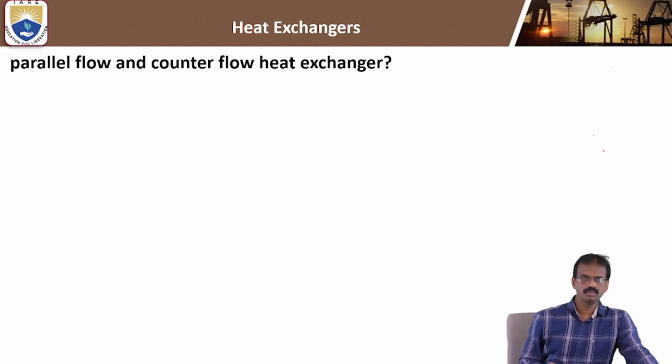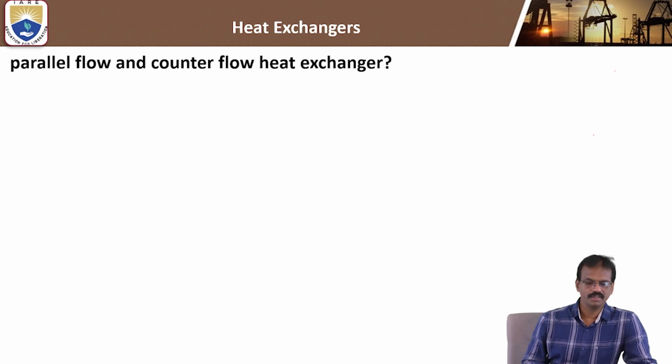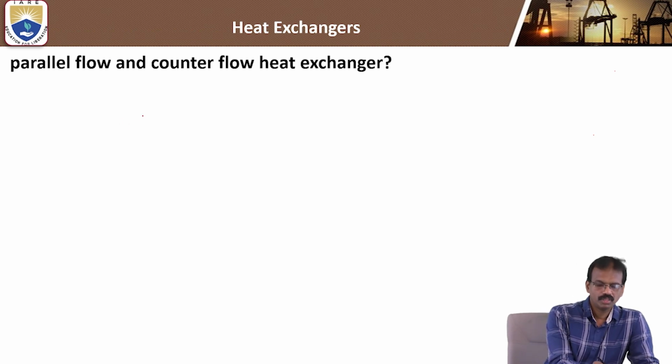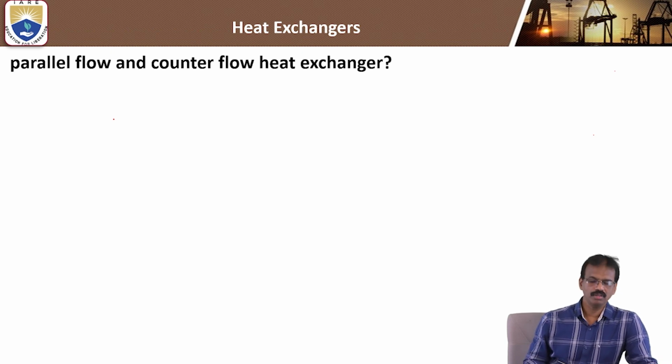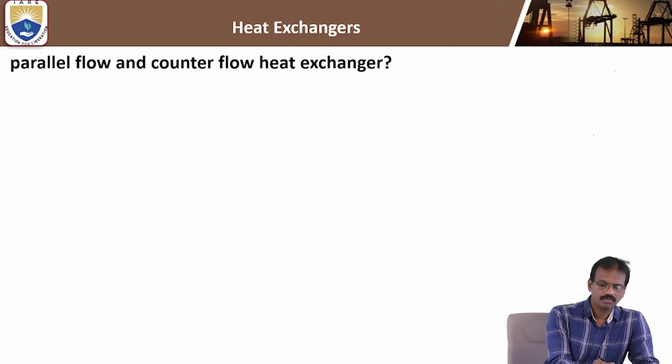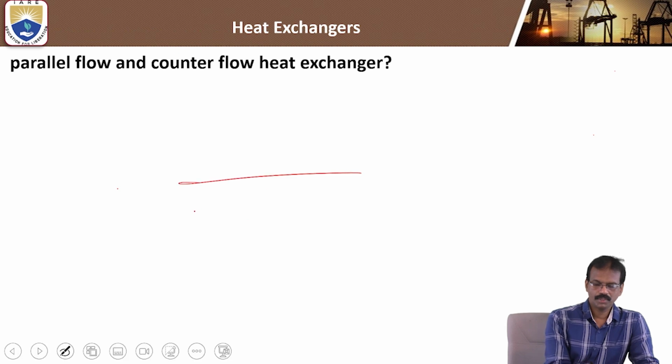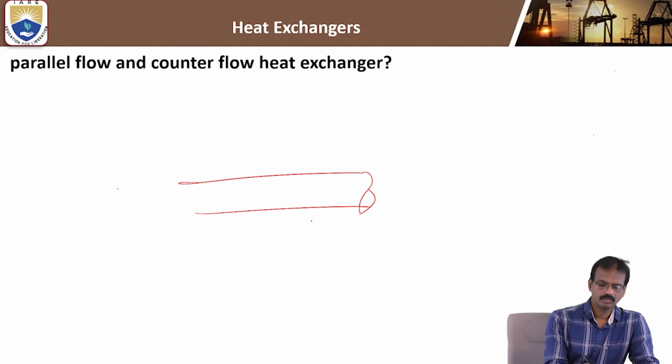Let's see the first one, the parallel flow heat exchanger. These are nothing but indirect contact heat exchangers. Here both the fluids don't mix with each other. They are separated by a wall or surface which separates the two fluids. So this is the inner pipe, you can take this as the hot fluid.